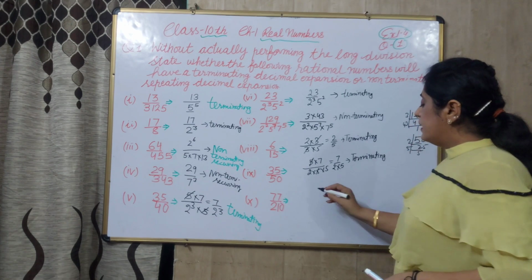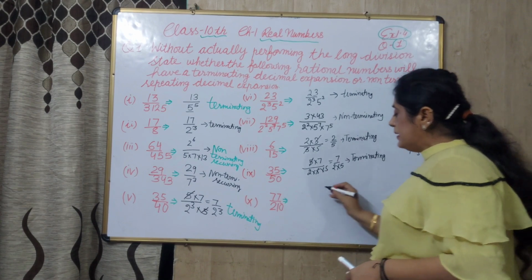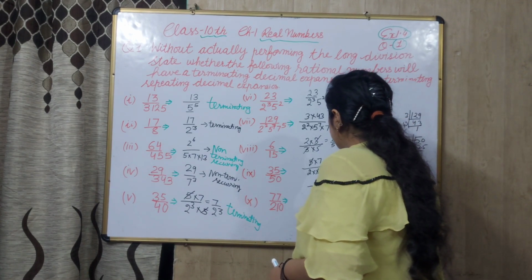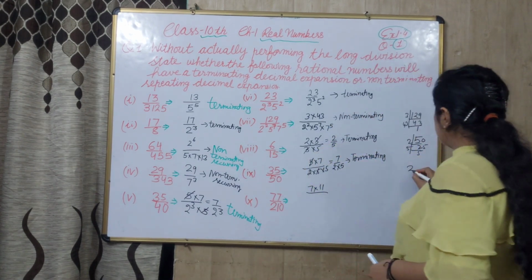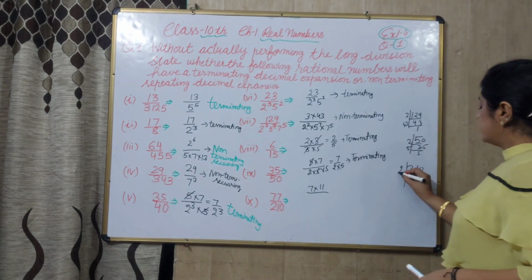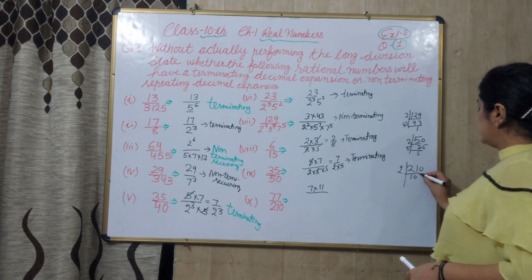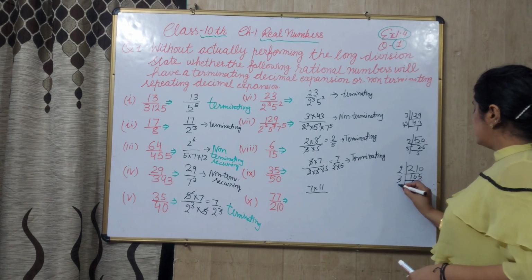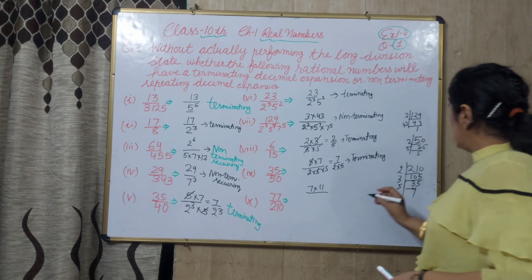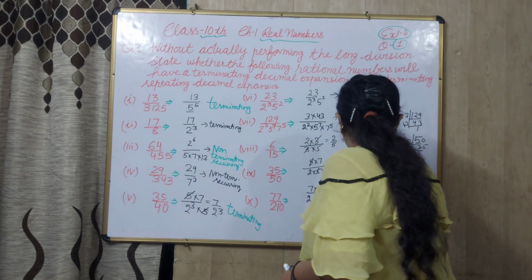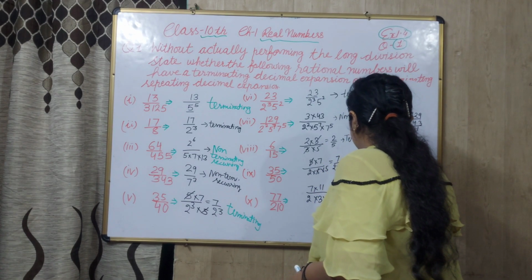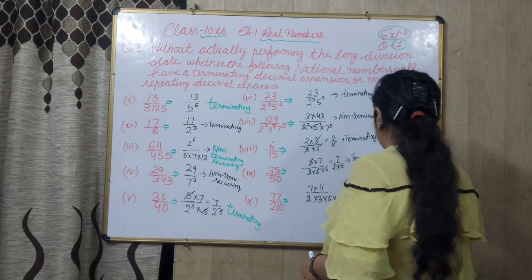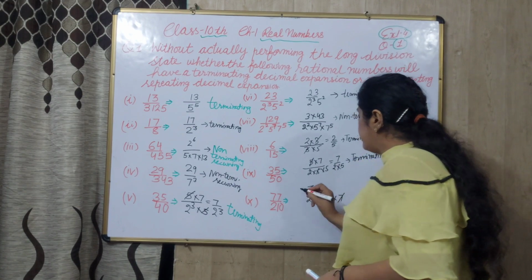Now 77 upon 210. 77 is 11 multiply 7. And make the factors of 210. You will get 2 multiply 3 multiply 5 multiply 7. 7 and 7 will be cancelled.